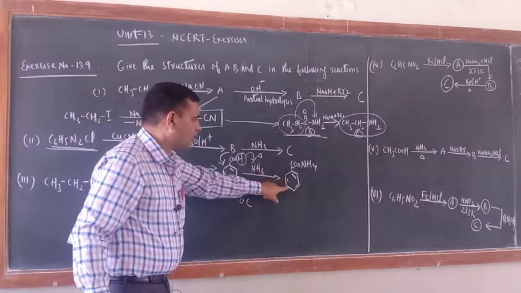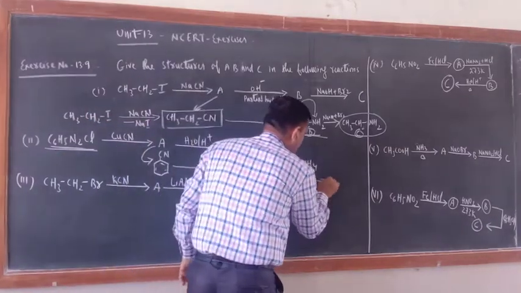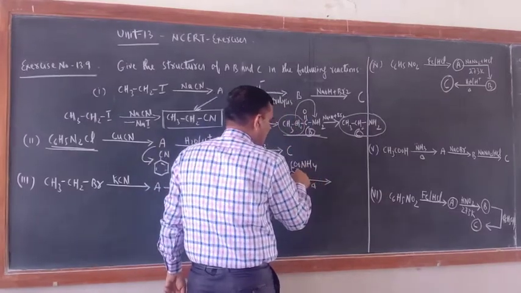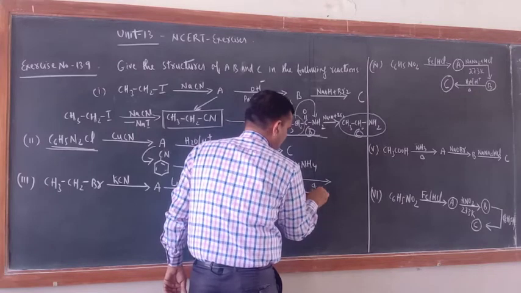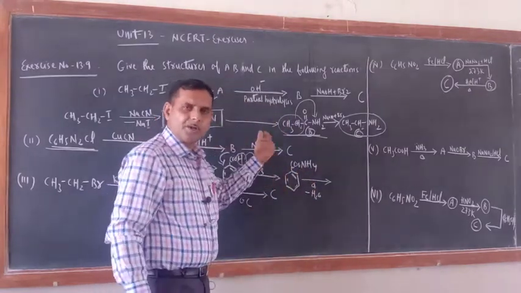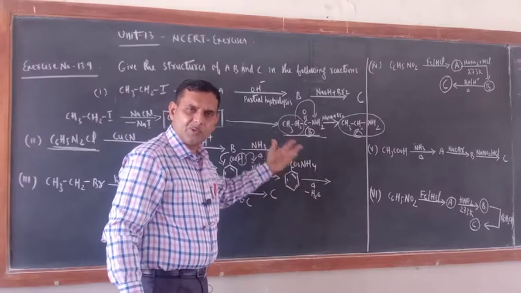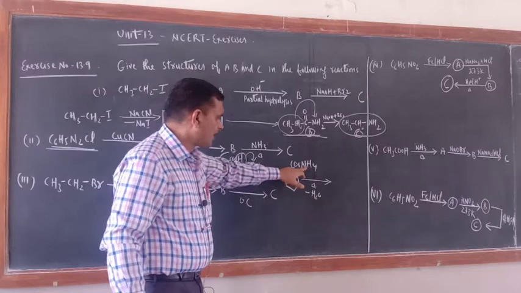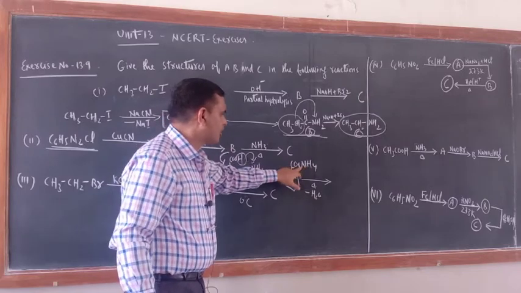What is this one? Ammonium benzoate. When you heat this one, H2O will come out, minus H2O. The product would be an amide after heating.